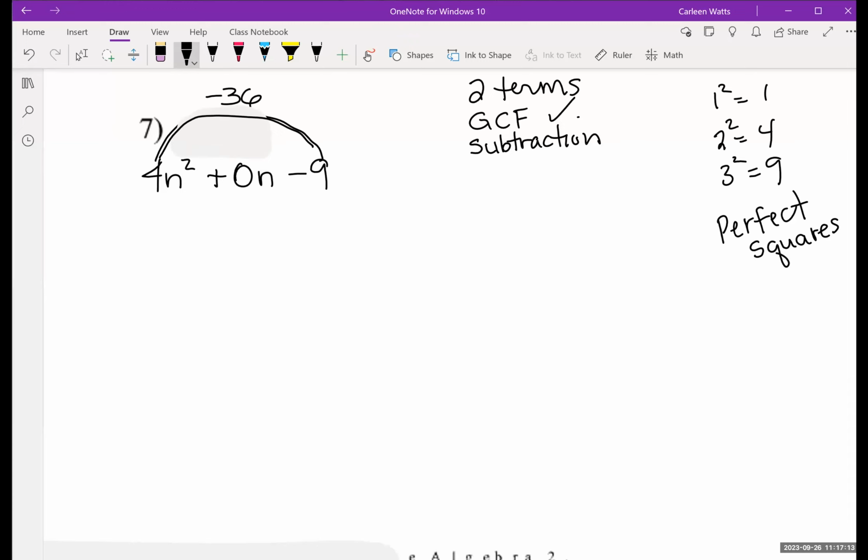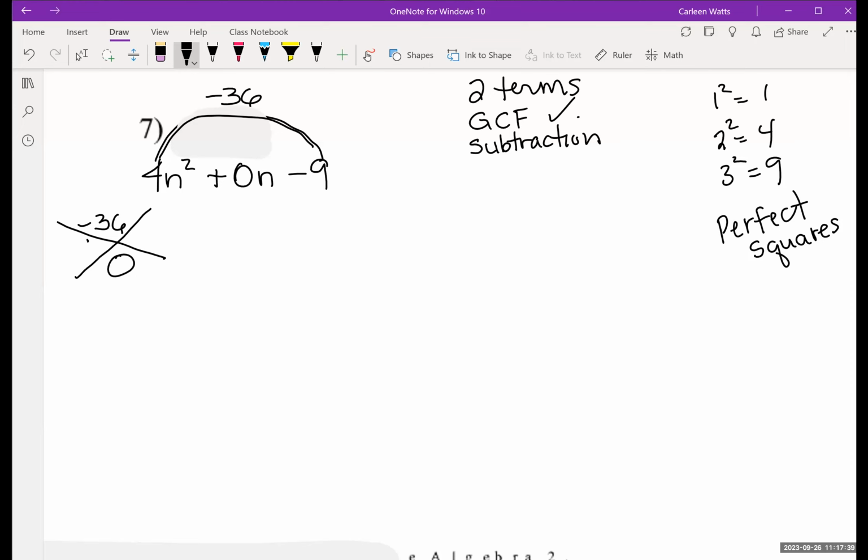Doing this the long way, I need two numbers that multiply to get -36 and add to get 0. Two numbers that multiply to get -36 and add to get 0.